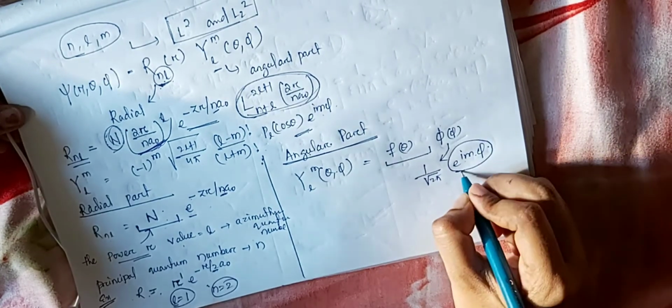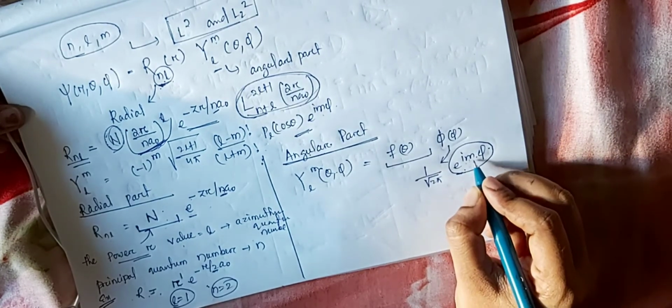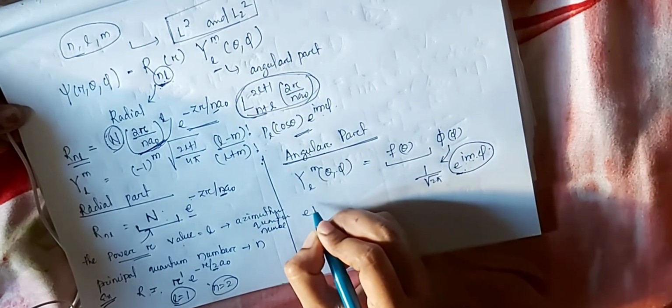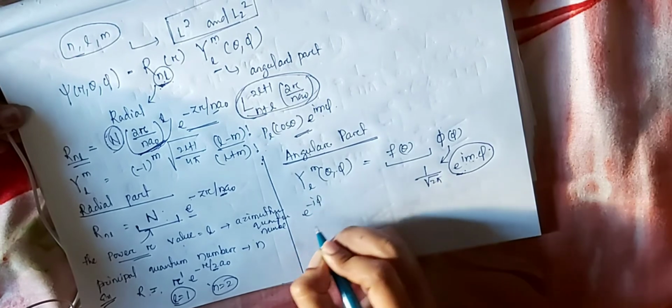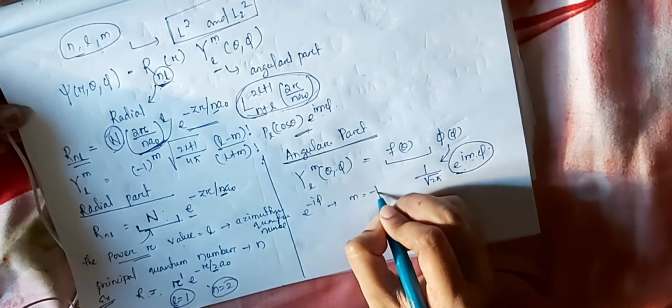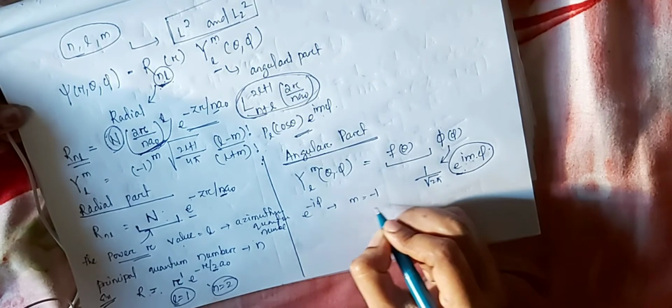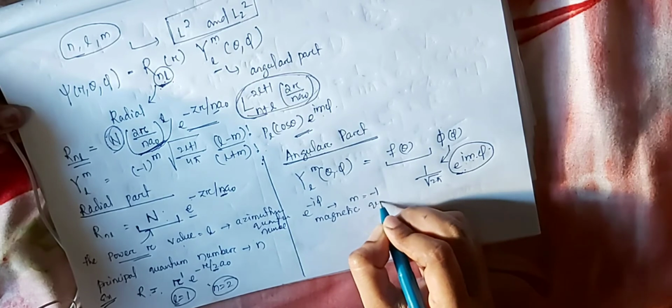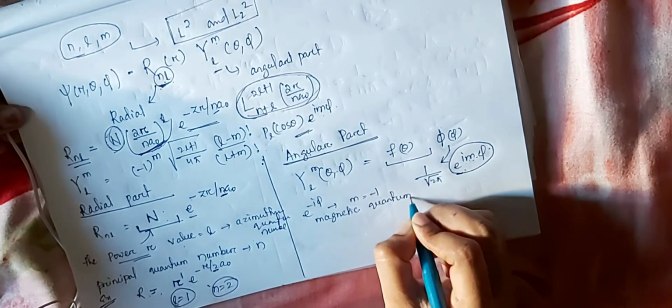So from this term I can determine the value of m. Okay, and if there is e to the power minus i phi, then the value of m will be equal to minus 1. This is my magnetic quantum number, right? So like this I can find out the value of the magnetic quantum number.